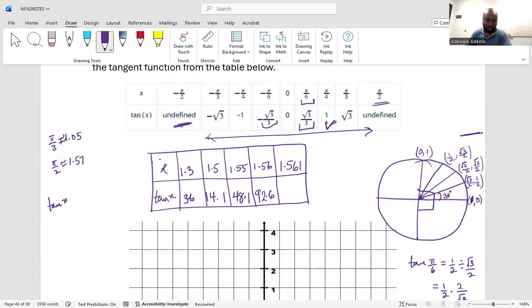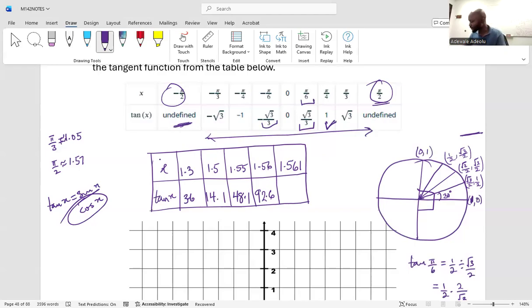Tangent of x is sine of x divided by cosine of x, so the cosine must not be 0. That is why I will not use either of these values. But I want to see the behavior of the graph as we go closer and closer to that point. So tangent of 1.561 got to 102.